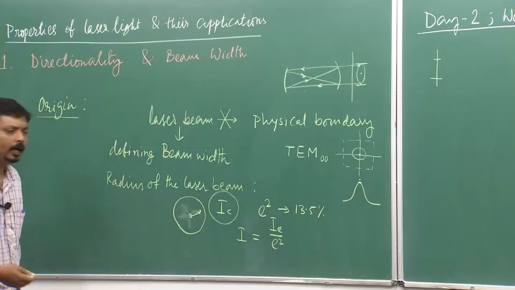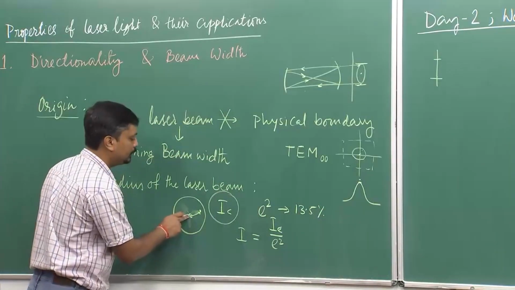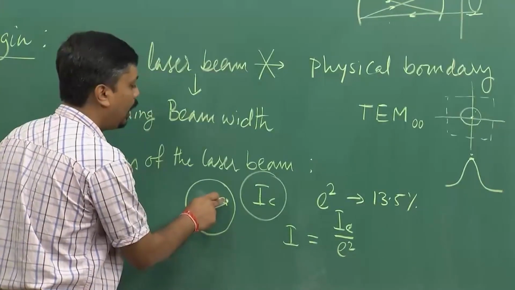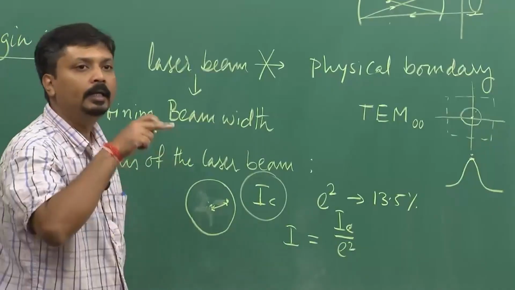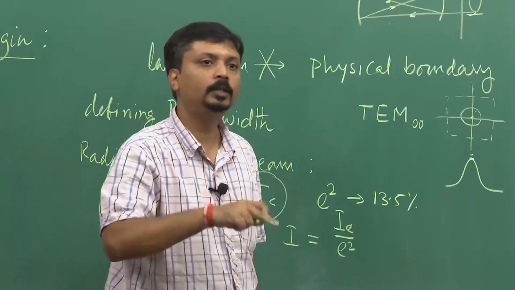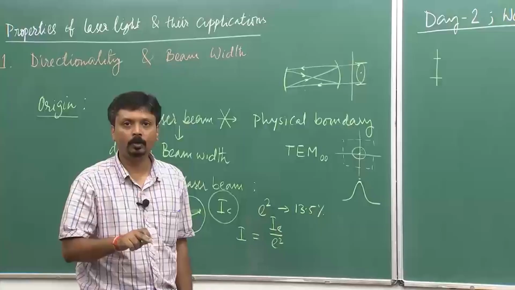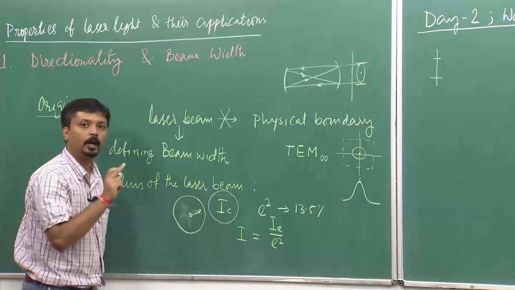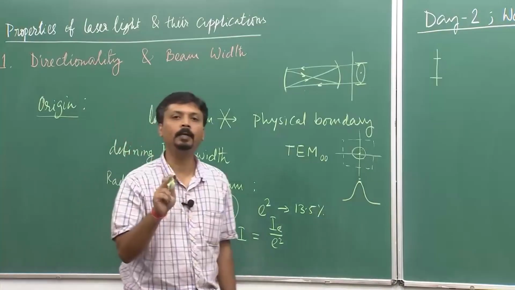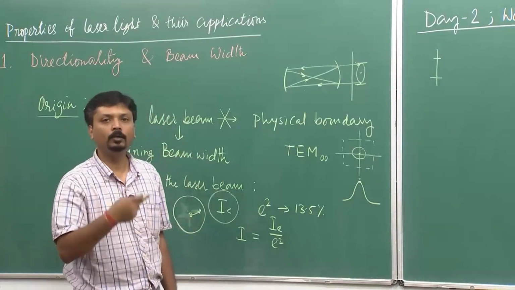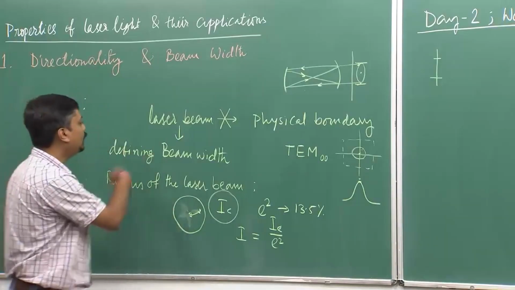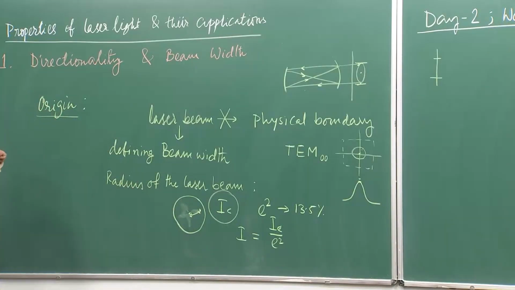So, in other words, I start from the center of the beam and keep going radially until I see that the intensity has fallen down to 13.5% of the intensity here, I will define that as the radius of my beam. So, that beam width will be 2r, that is the diameter, correct. So, this is how I define the beam width.